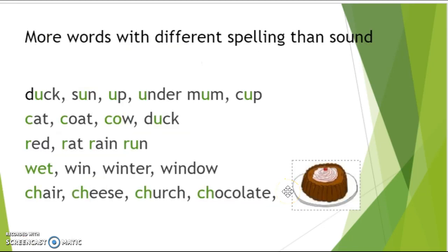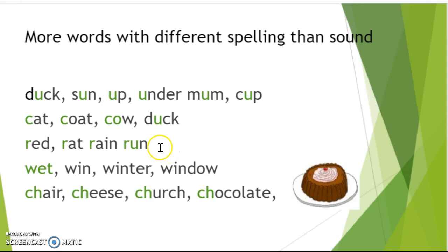Here are some examples of more words with different spelling than sound. Duck, sun, up, under, mom, cup. And in cat, coat, cow, duck, they practice the sound k. Red, rat, rain, run.